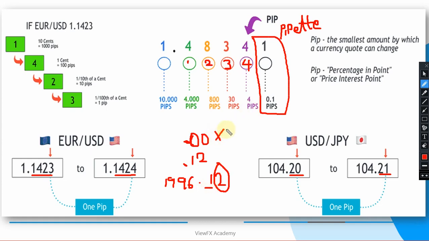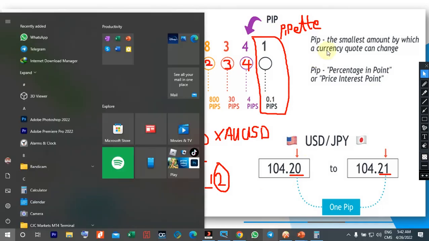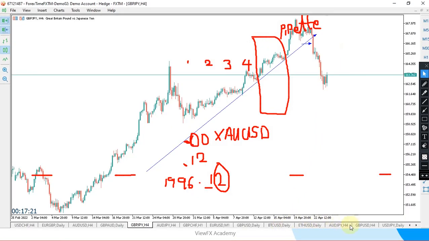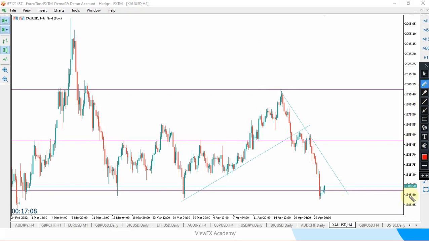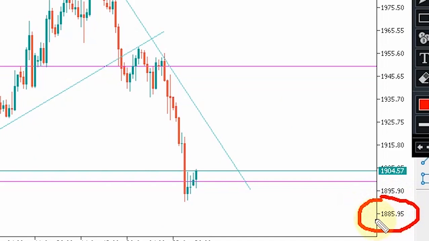When I mean gold, I mean this pair. Let me quickly go to the chart and show you. I think I have my gold open somewhere here. Okay, that is it here. If you look at this very well, this is 1885.95. So simply disregard the last digit here, then do your calculation based on one number after the decimal point. That is for gold. It's as simple as ABC.